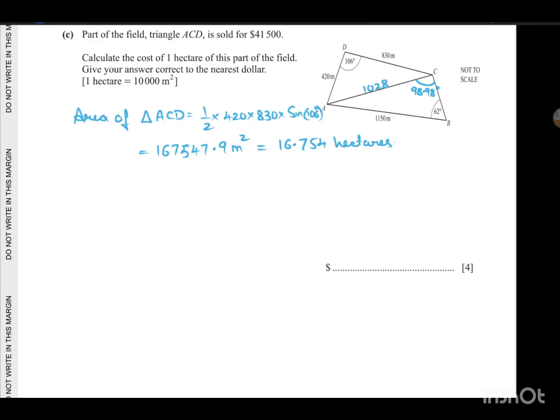Now they have sold this whole area for this amount, 41,500. So divide this 41,500 by the area. The cost of 1 hectare will be 41,500 divided by 16.754.